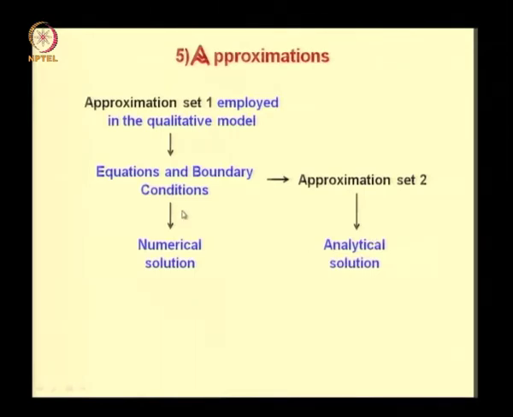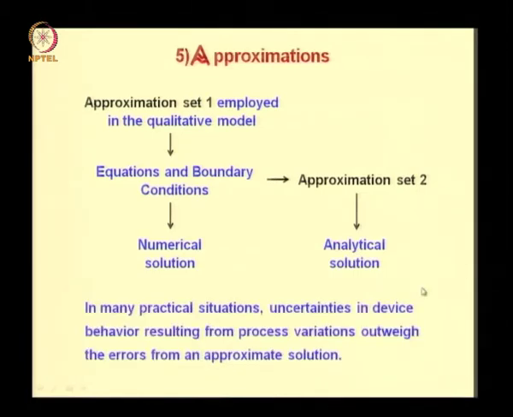On the other hand, the approximations made in the qualitative model suffice if you are interested in a numerical solution. In many practical situations, uncertainties in device behavior resulting from process variations outweigh the errors from an approximate solution, and that is why one goes in for an analytical solution with many approximations.